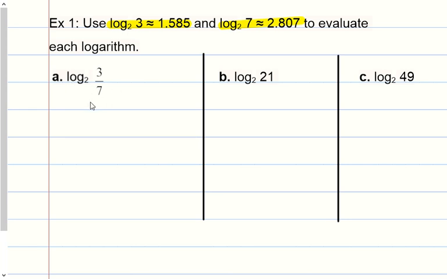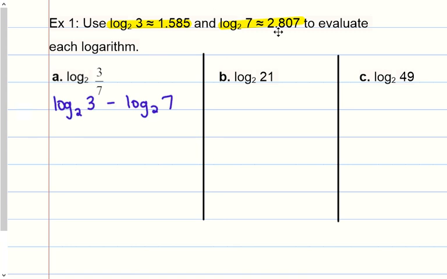So we're going to have to separate those using the properties on the previous page before we can use these estimations. Again, just like exponents, since I'm dividing here, I'll separate them and subtract. So I have log base 2 of 3 minus log base 2 of 7. So the base will stay the same in each one, and I just separate.